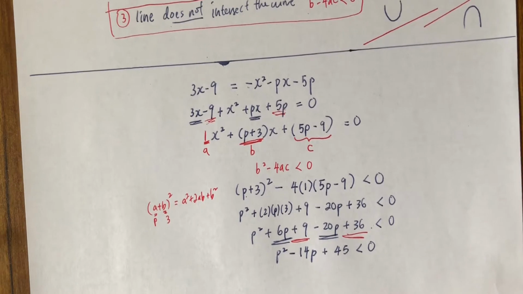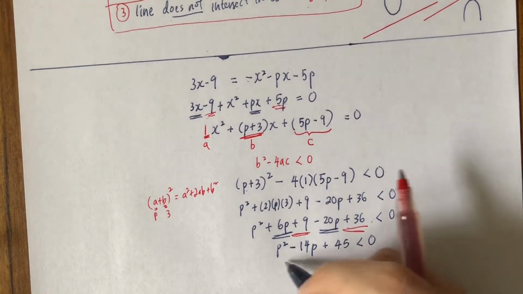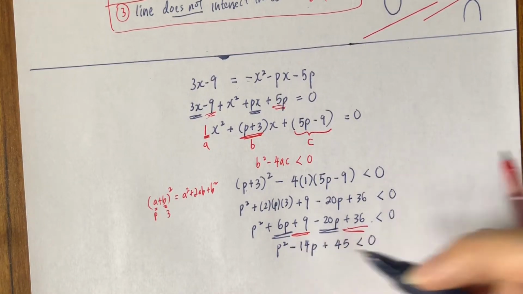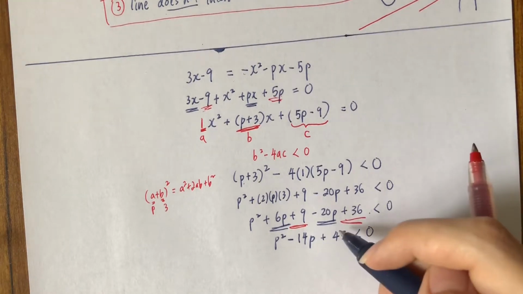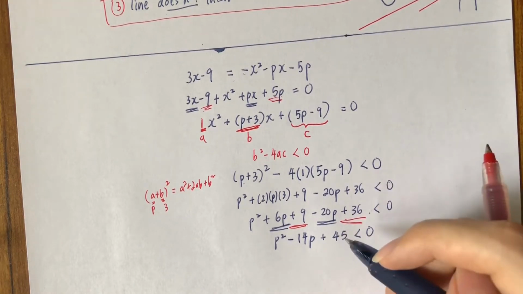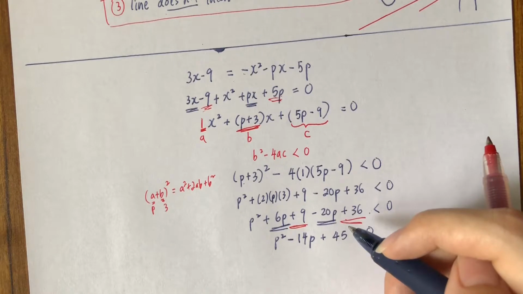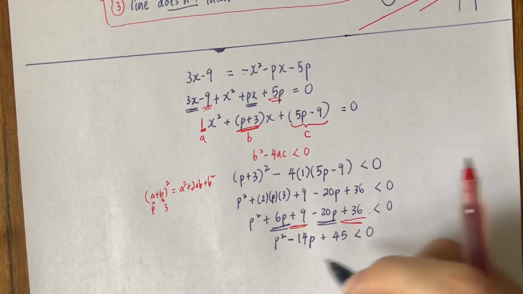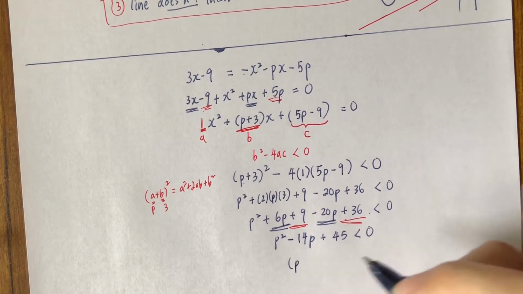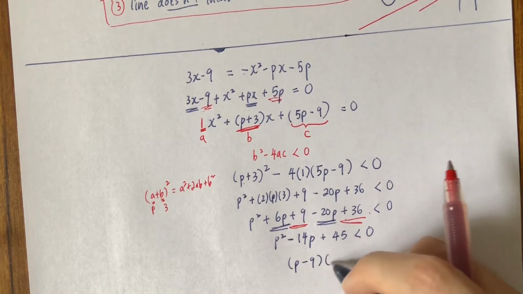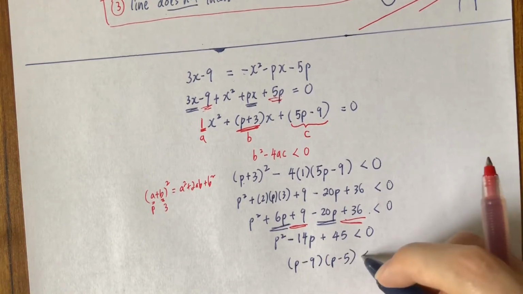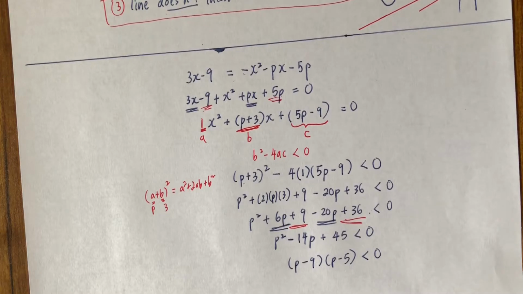From here, next step, we have to factorize this quadratic expression. So using the methods that you've learned in Sec 2 factorization of algebraic expressions, you will arrive at p minus 9, p minus 5 lesser than 0.